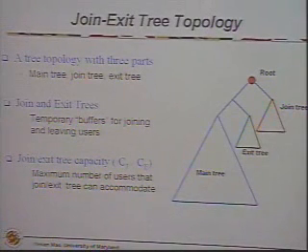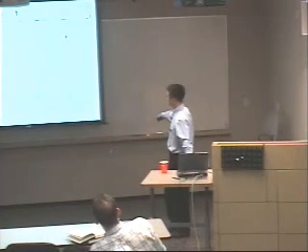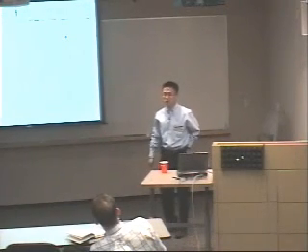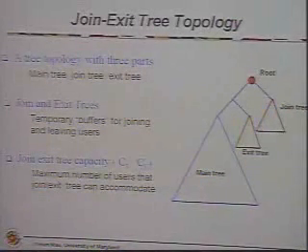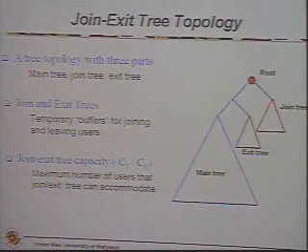Because in that idea, the join tree can grow arbitrarily, and each time we put the new user at the top of the join tree here.